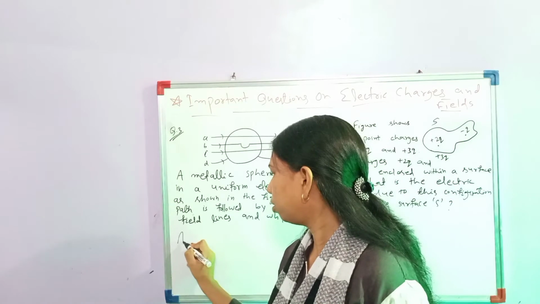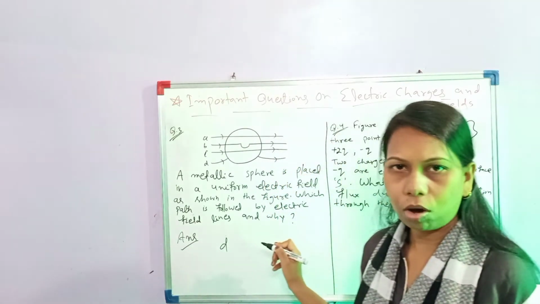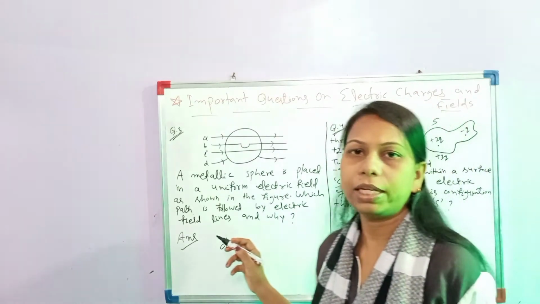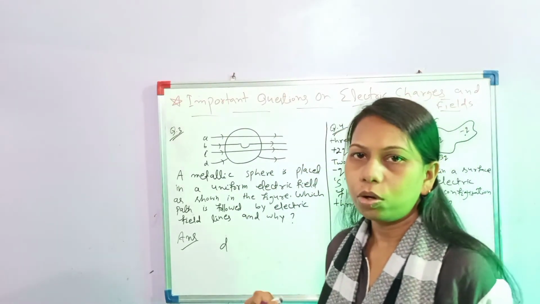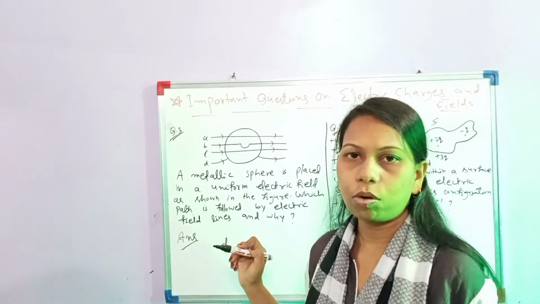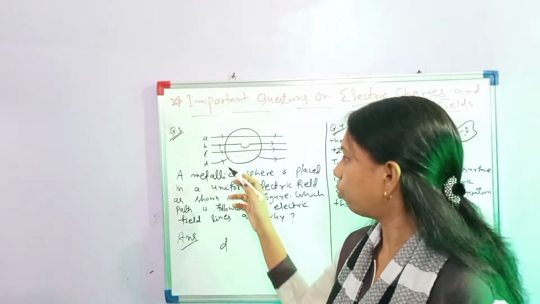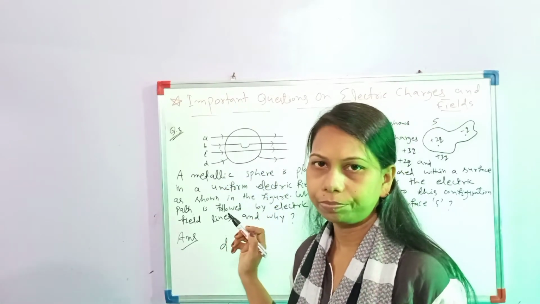The answer will be path D, because as you know, electric field inside the metallic sphere is 0, no lines of force will be present there, and also the lines of force are always perpendicular to the surface of the metallic sphere.